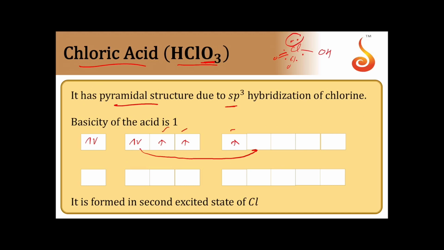It moves here, so finally you get one electron in each, and there are now 5 unpaired electrons present. It is in the second excited state. It forms HClO3 now.